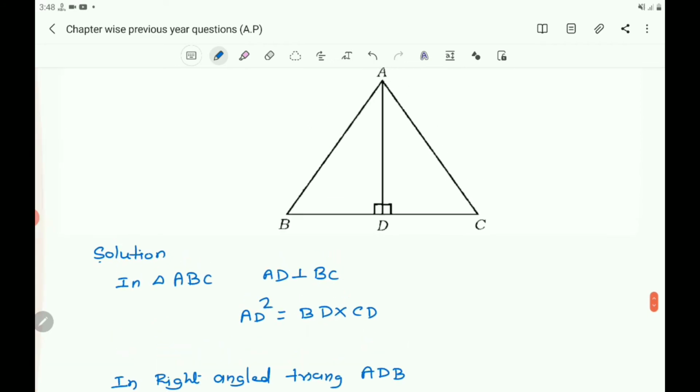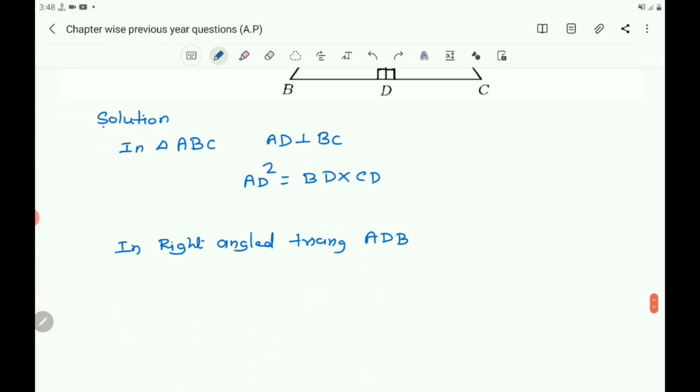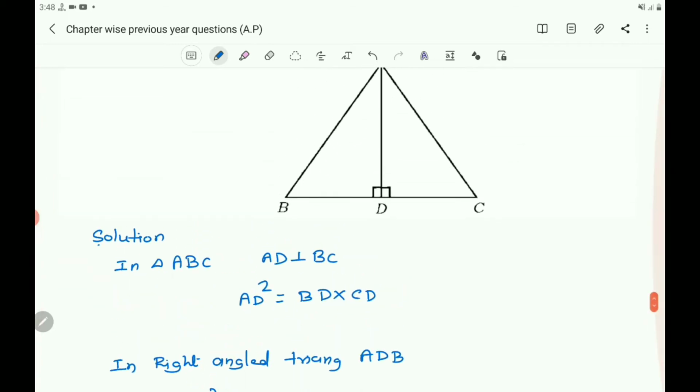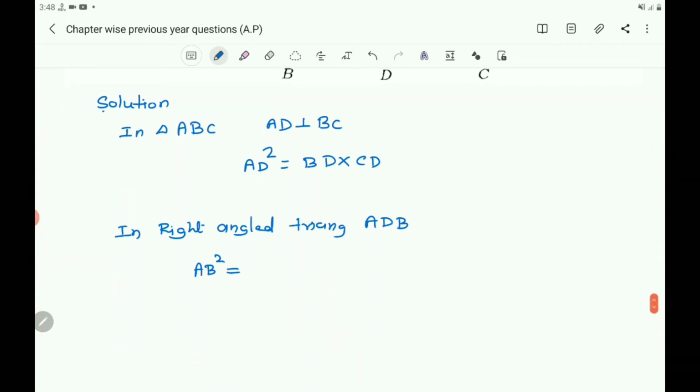Which is the hypotenuse here? This is the side opposite to the right angle. Therefore, hypotenuse is AB. Square on the hypotenuse is equals to the sum of the squares of the other two sides. So, AB square is equals to AD square plus BD square. Consider this is first.